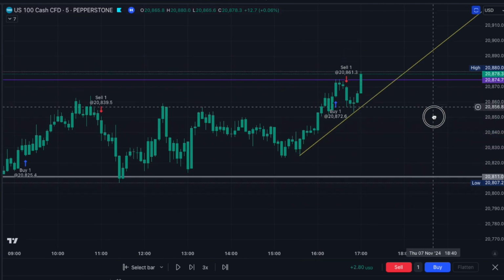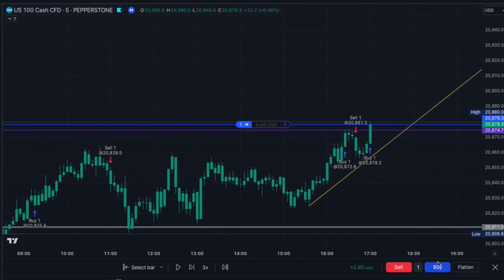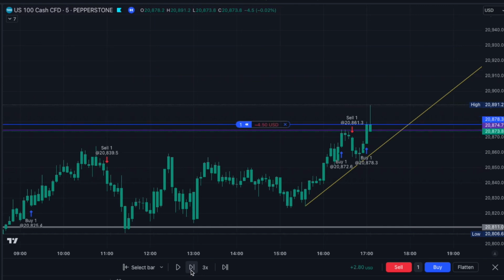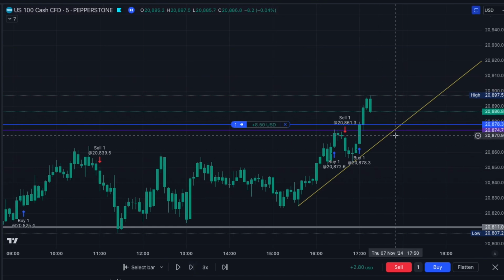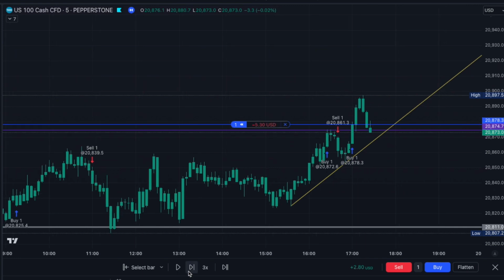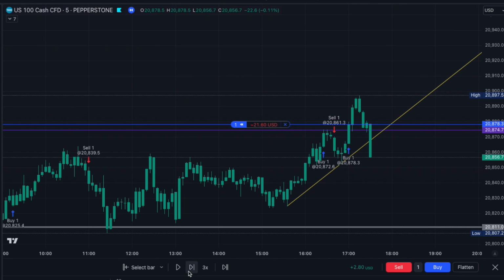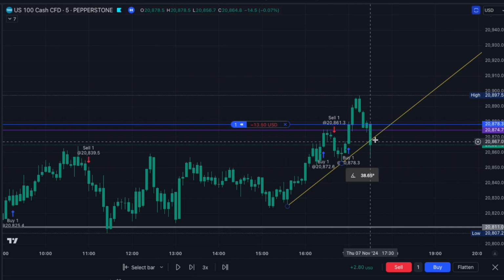So I'm gonna take my trend line again. And that's a long. If it went in my favor, good. If it didn't go in my favor, this will always be to protect me. Okay. Perfect. Close the trade.